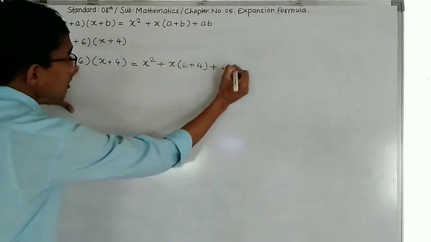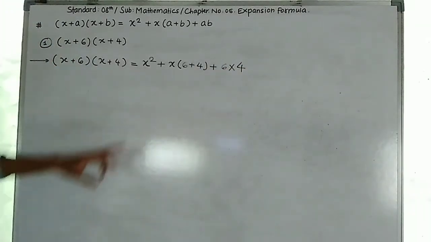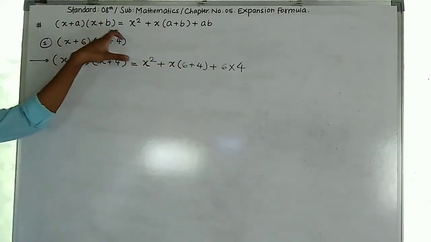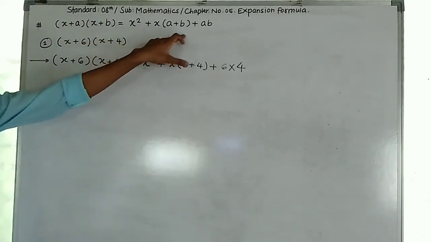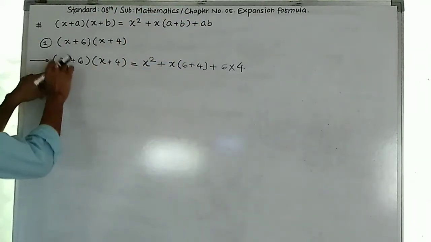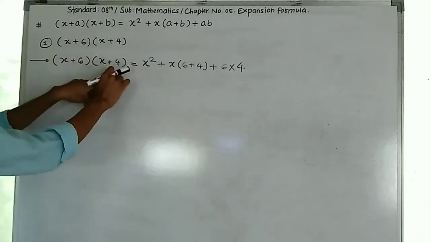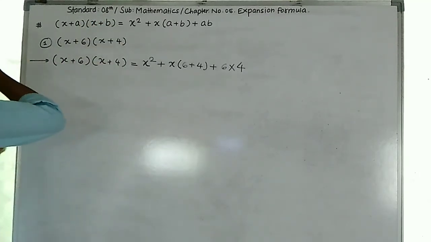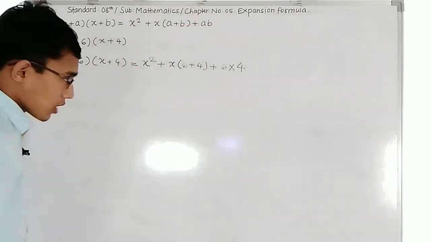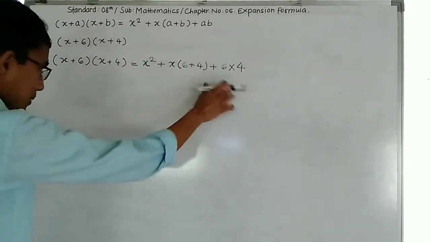What I have done is I have used the above formula, that is x plus a, x plus b is equal to x square plus x into a plus b plus ab. I have taken x equal to x, a equal to 6, x equal to x, b equal to 4, and I have replaced the values of a and b in the above formula by 6 and 4. So we have got this particular step.